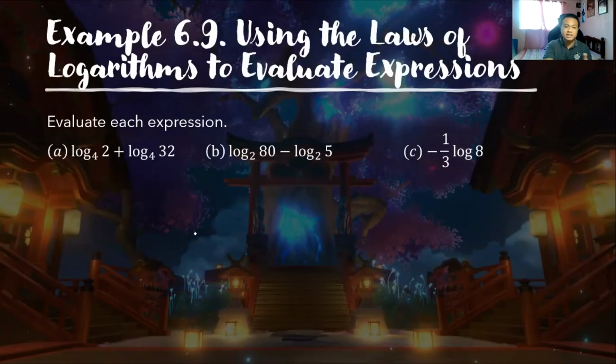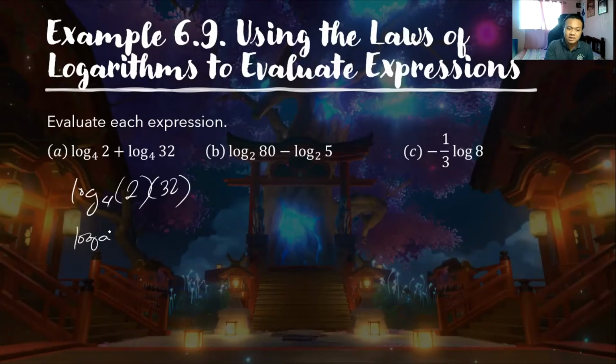So let's evaluate expression. Now let's combine each expression. Okay, so kung logarithm of 4, di ba, it is the sum, no? The sum, pwede na siya mahimo siyang product. So you can multiply 2 times 32. Okay, so pila man na siya?